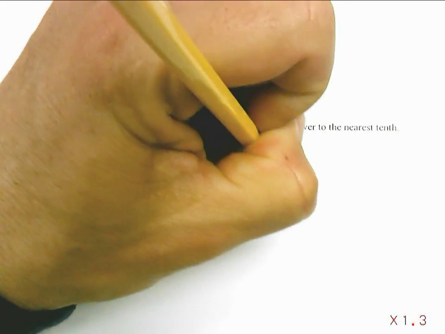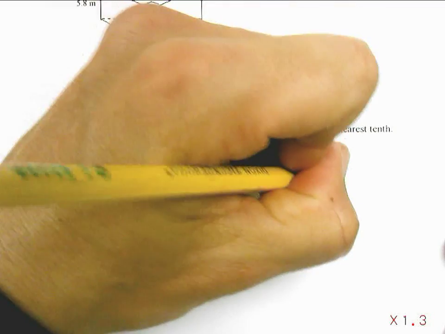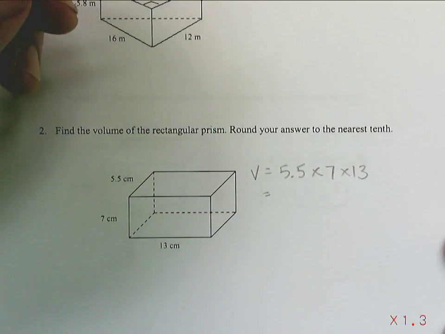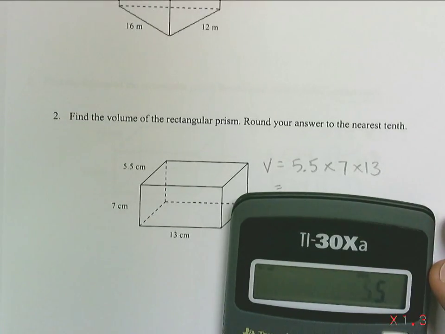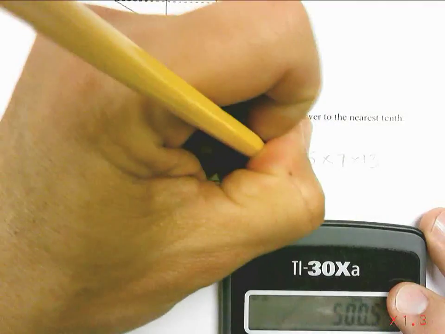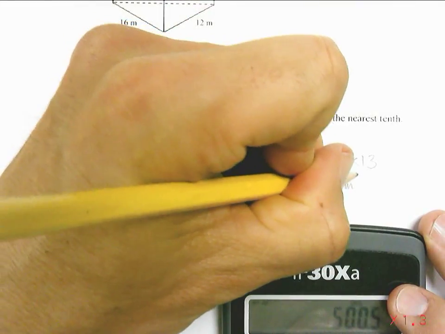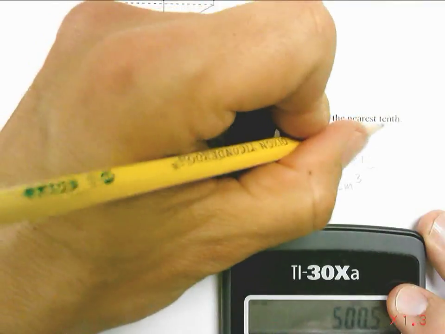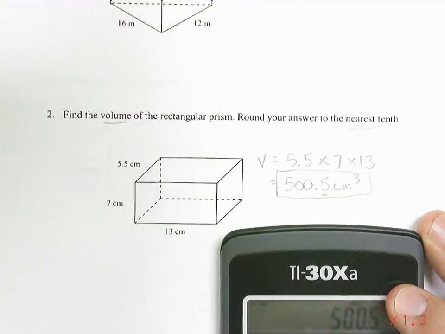So you're just going to multiply 5.5 times 7 times 13, and you have, well, calculator. 5.5 times 7 times 13 is 500.5 centimeters cubed, because it's volume. Round to the nearest tenth, it already is to the tenth right there. That is the tenths place. Done.